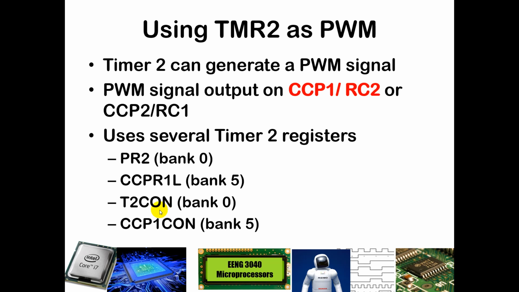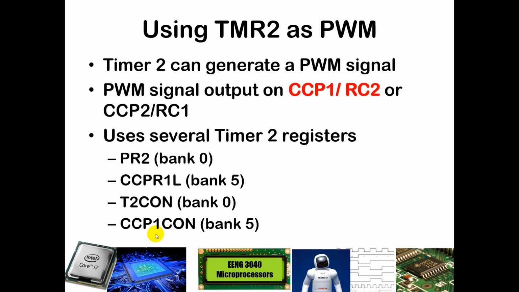You will note that there are parallel registers here, and in fact in your data sheet there is oftentimes an X placed in the place of these numbers. So we will be configuring CCP1, and so we will have the CCPR1L. There is also a CCPR2L if you were to configure CCP2. There's also a CCP2CON that goes along with the CCP1CON register, and that is likewise to control the CCP2.